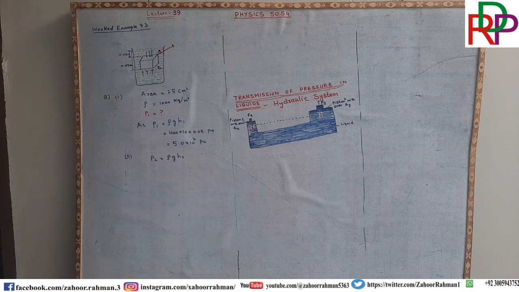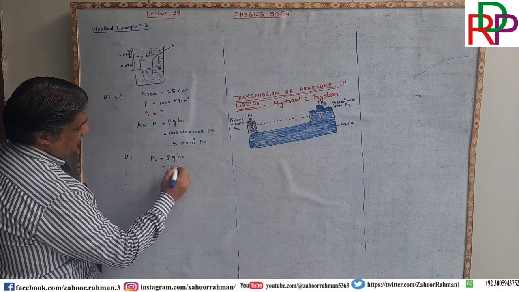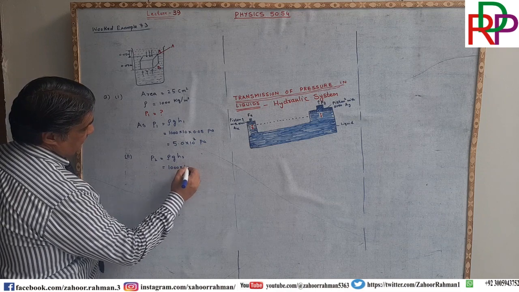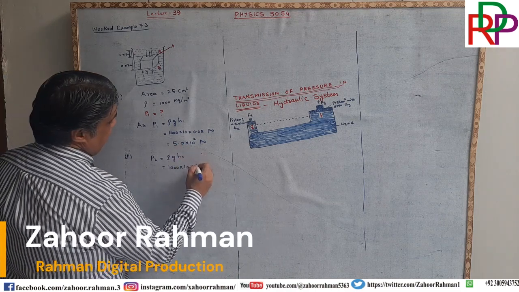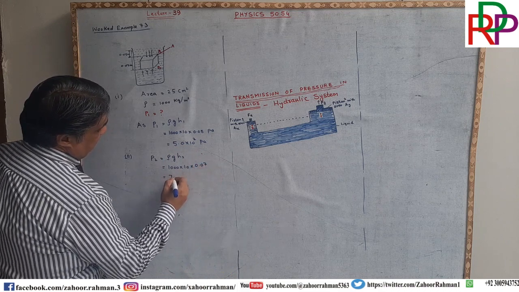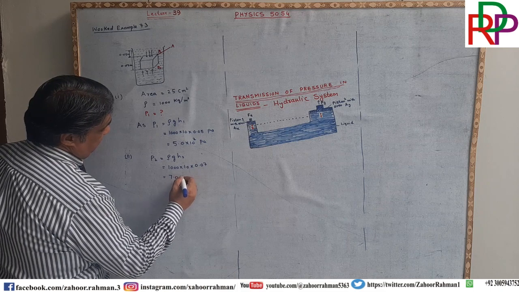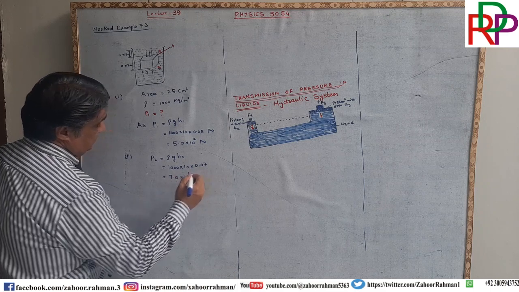So we are labeling it as h2. Again we are putting 1000 into 10 into h2, and that is 0.07. So that will be equal to 7.0 into 10 raised to the power 2 Pascal.